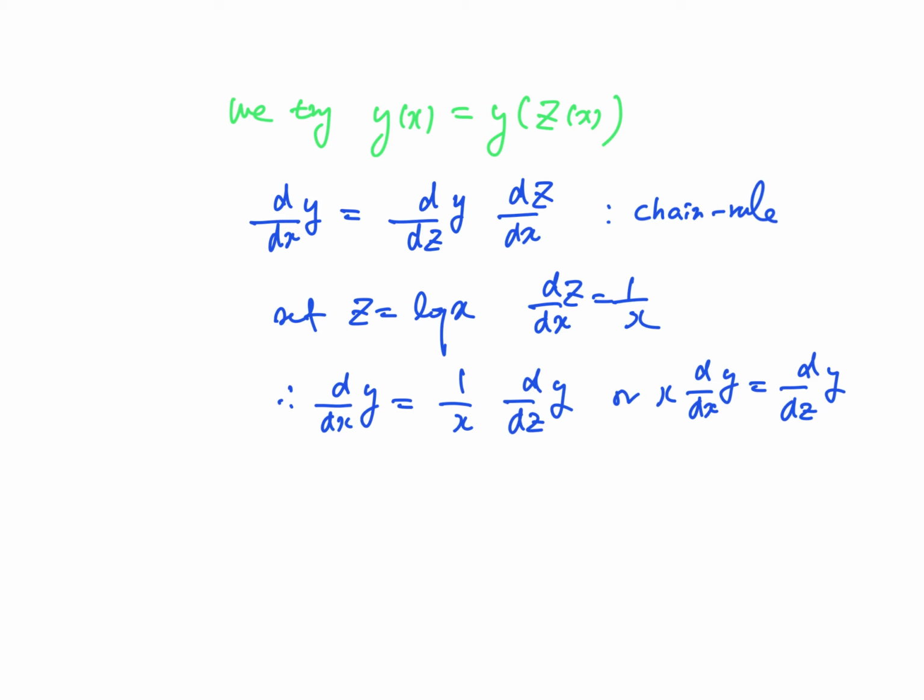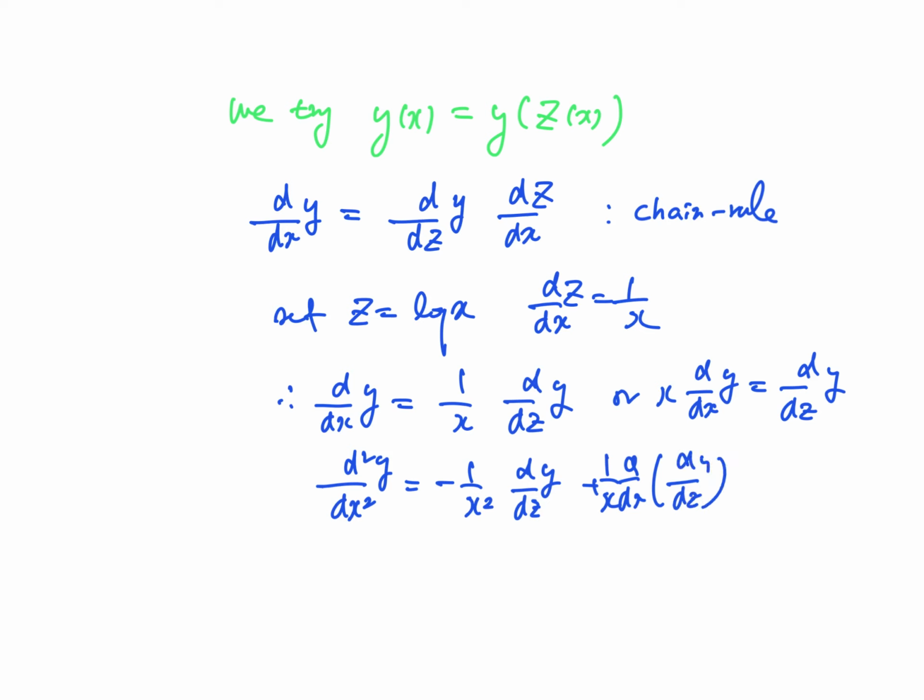How about the second order derivative? d squared y over dx squared is minus 1 over x squared dy/dz, right? I mean, we differentiate by x first, then we have minus 1 over x squared dy/dz plus d/dx of dy/dz times 1 over x.